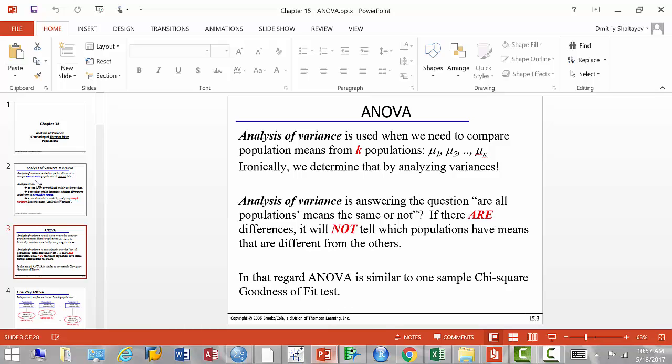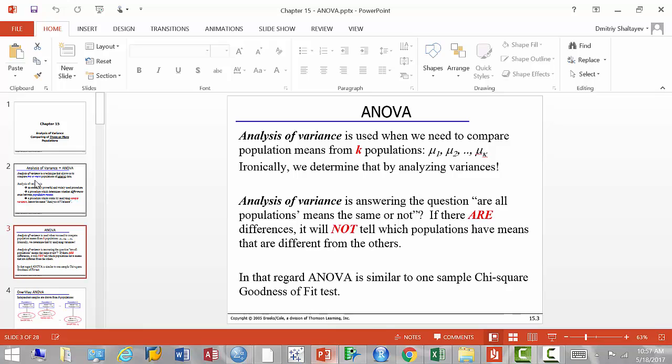Our null hypothesis is going to be that all samples, all populations have the same exact mean. They're not different from each other. And our alternative is going to be the opposite of that statement. If the null says that all the means are the same, the alternative says not all the means are the same. Simple as that. It's very straightforward.